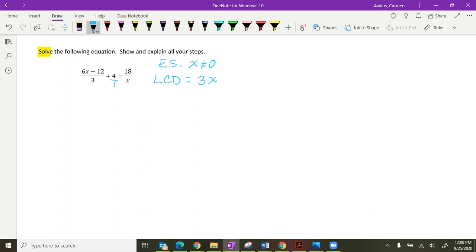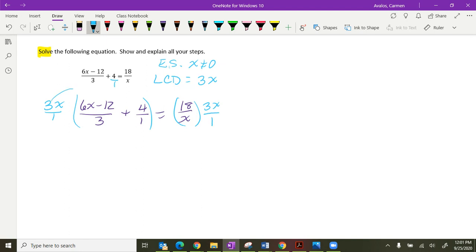So we're going to take the 3x, our lowest common denominator, and multiply it through. We leave the equation 6x minus 12 over 3 plus 4 over 1 equals 18 over x, and multiply that through by 3x over 1.